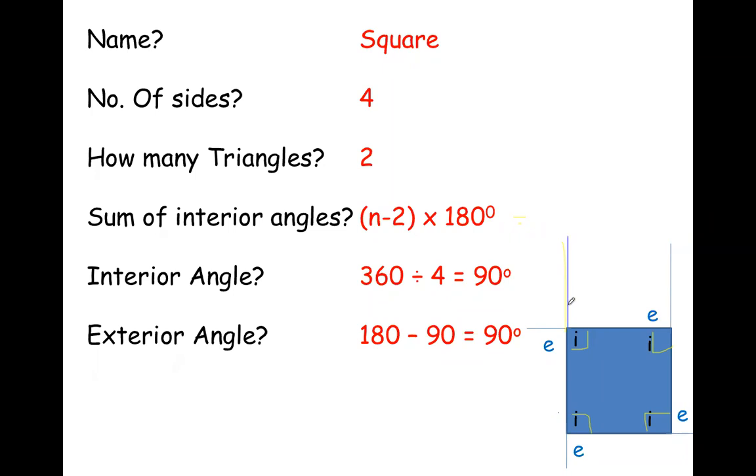The exterior angle is here, outside. That's why it is 180 minus my interior angle, because this whole thing is a straight line and this is 90 already. So this outside part will be 180 minus 90. That's why they have drawn the lines outside here as well.